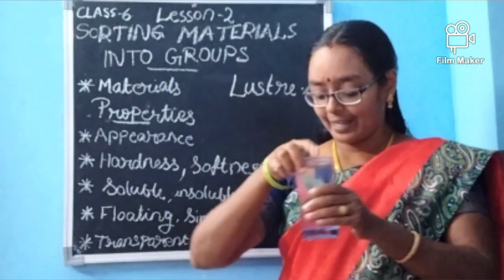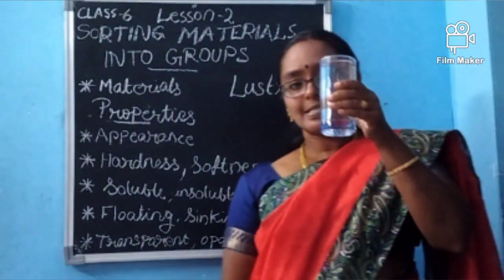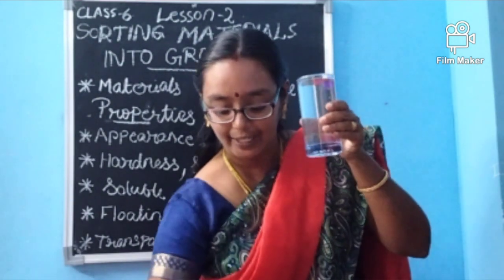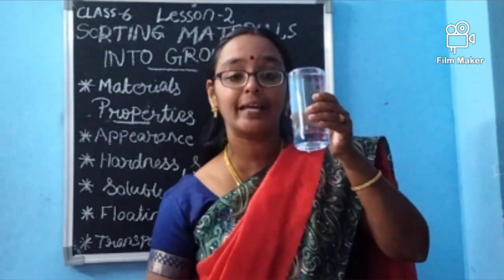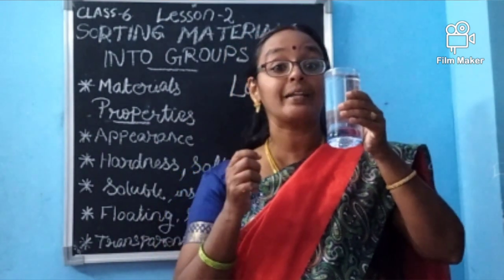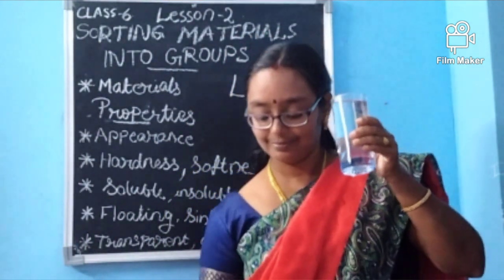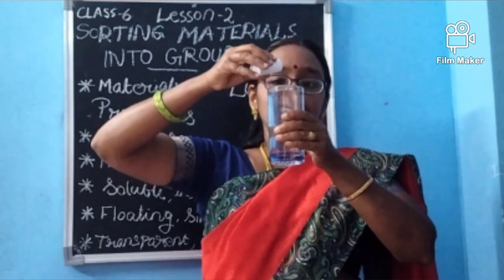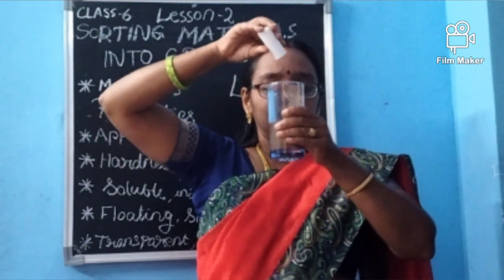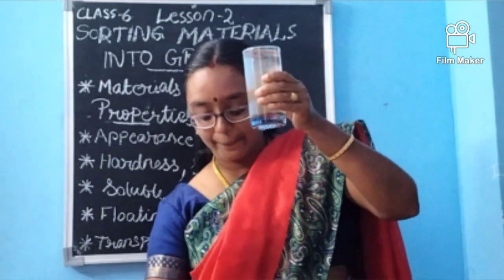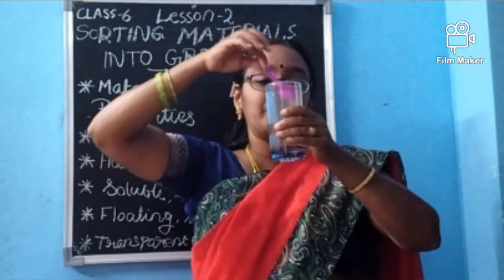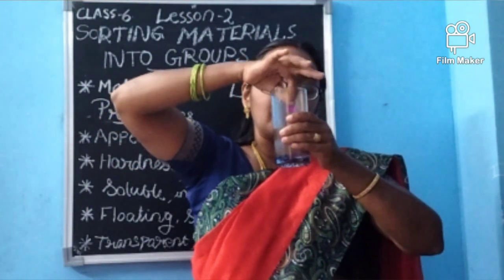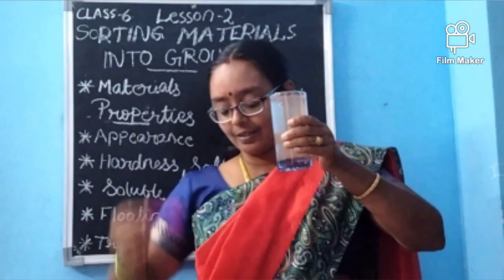Is it clear? Now about insolubility. See, again one glass of water I have taken, and here I have taken some sand. See, some sand I am pouring in it. Again I am trying to dissolve it.